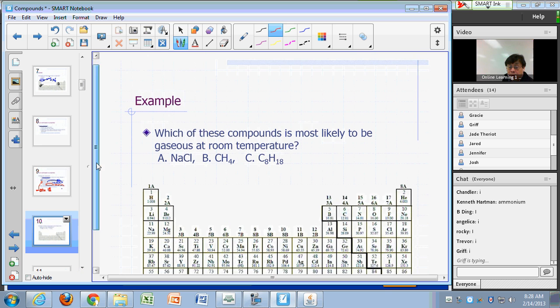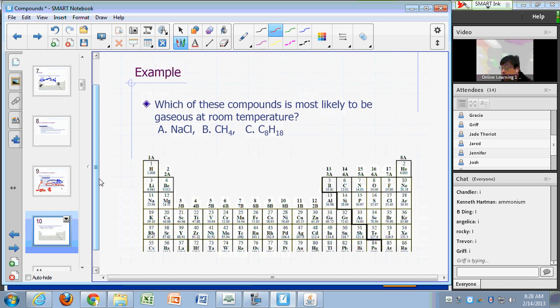So let's do a quick check. Which of these is most likely to be gaseous at room temperature? NaCl, CH4, or C8H18?